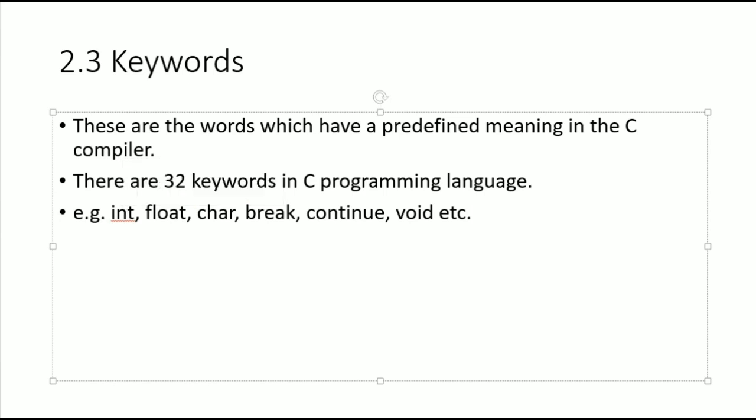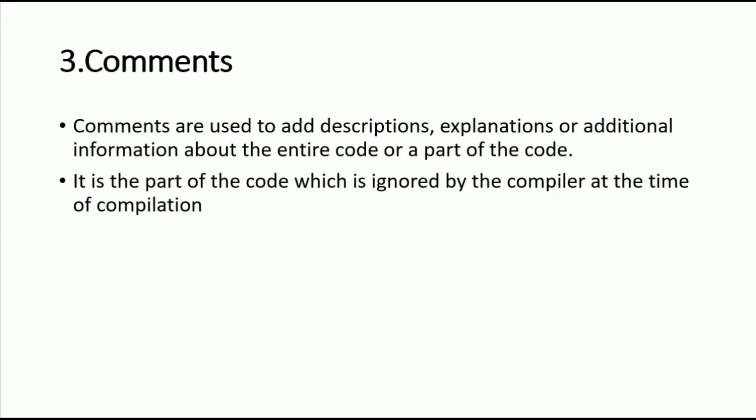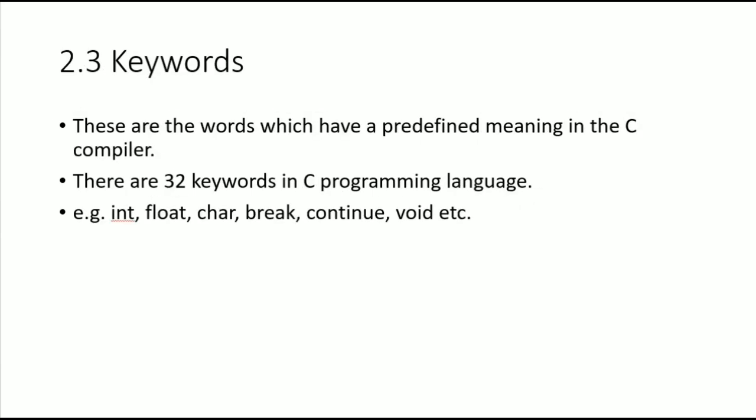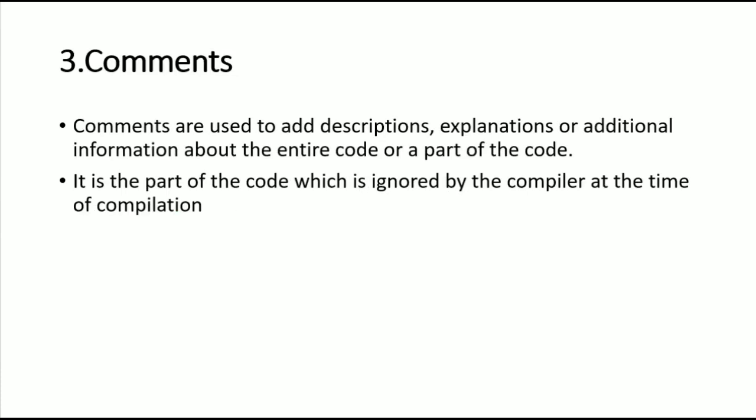To see the entire list of 32 keywords, you can just Google it. And we are going to study all these keywords in a short while. Slowly, as we proceed, we will be coming across the keywords, and then I will be explaining them.